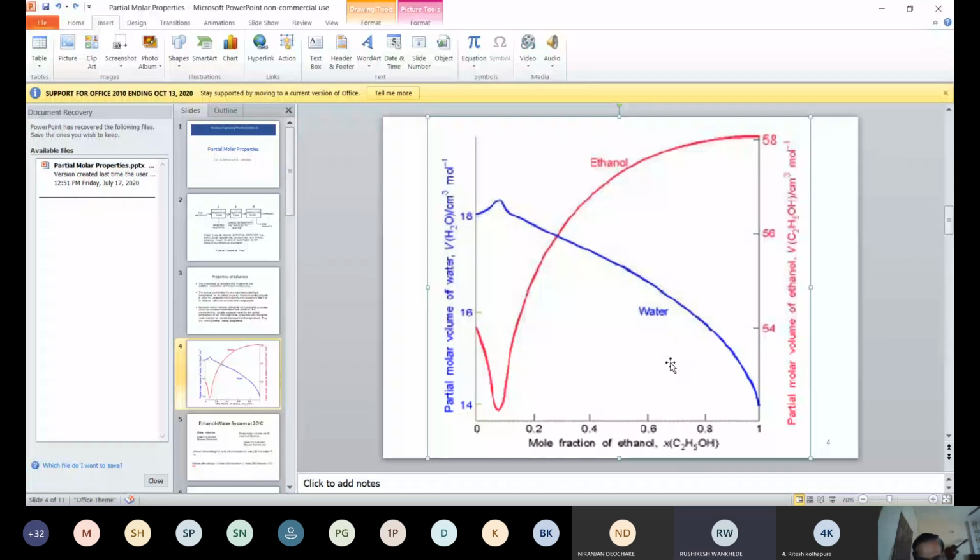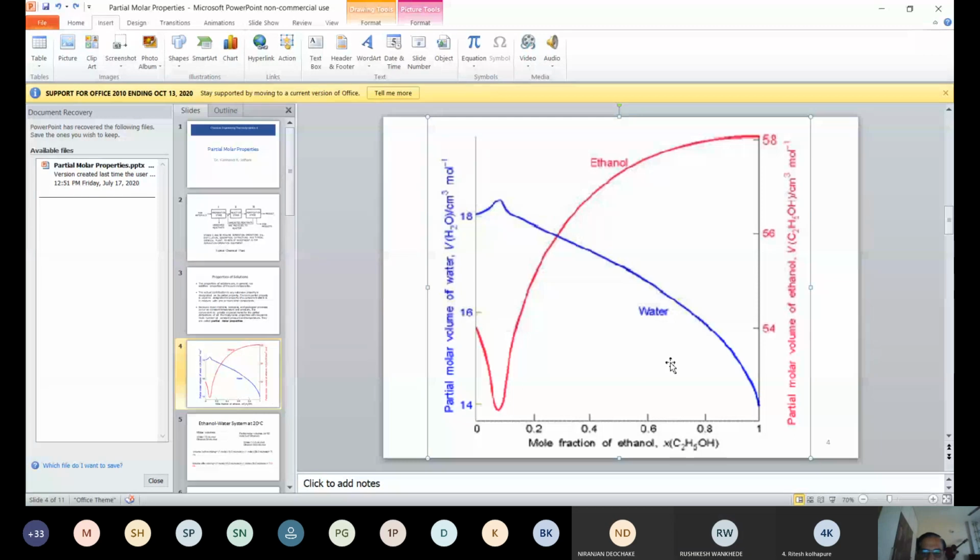Add 1 mole of water to a solution of pure water. Then the contribution of 1 mole of water in pure water is 18 milliliters or 18 centimeters cube, right? So the environment is the same as that of what we are adding.